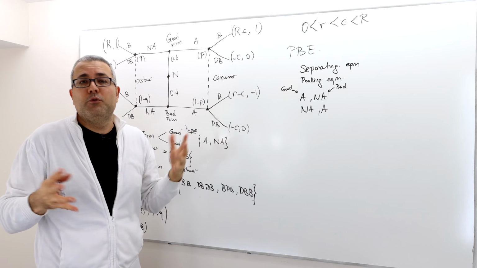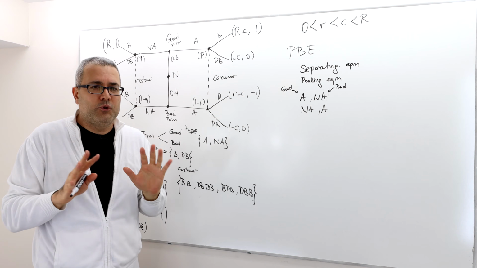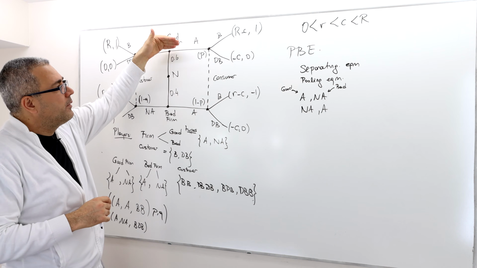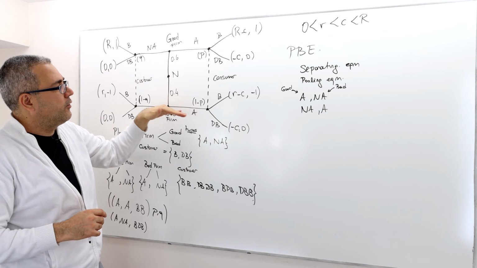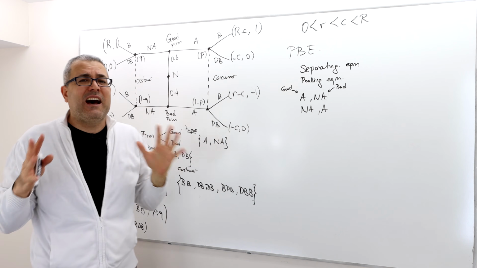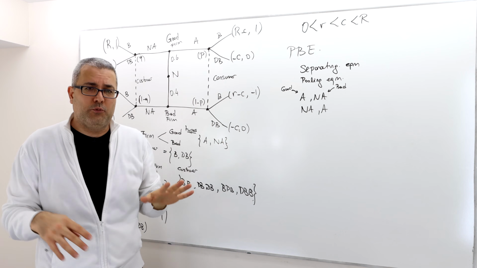Another potential separating equilibrium, though we haven't yet proved that they are separating, is this time the good firm does not advertise, and the bad firm does advertise. That's it. In this game, we cannot have any other separating equilibrium.